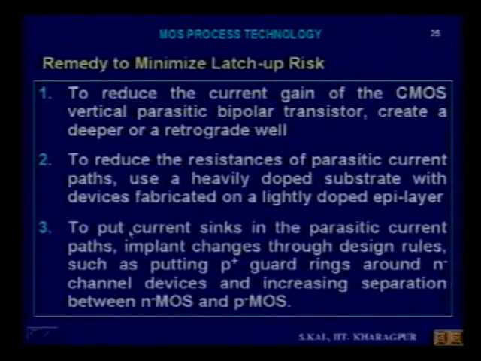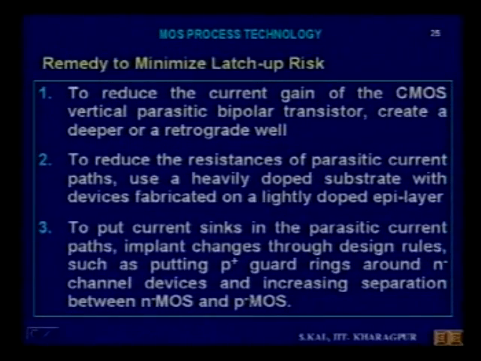Third is to put current sinks in the parasitic current paths, through implant changes and design rules such as putting P+ guard rings around N-channel devices and increasing separation between NMOS and PMOS. If you increase the separation between NMOS and PMOS, then what will happen?